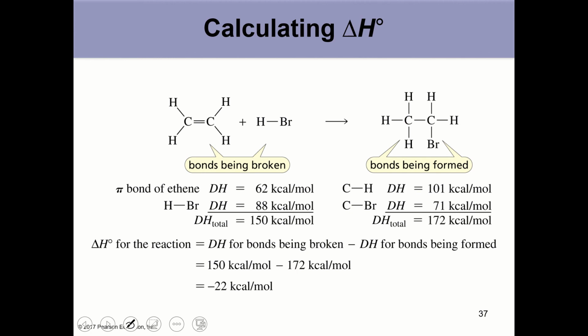The delta H for a pi bond of ethene is 62 kilocalories per mole. This is essentially the same as a homework problem that you will be doing. So when you get to the math problem on your homework, you might want to refer back to this slide.